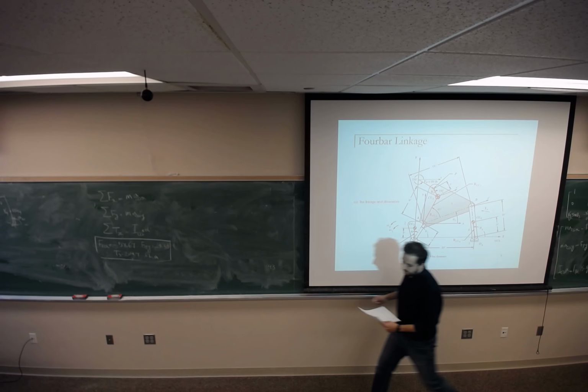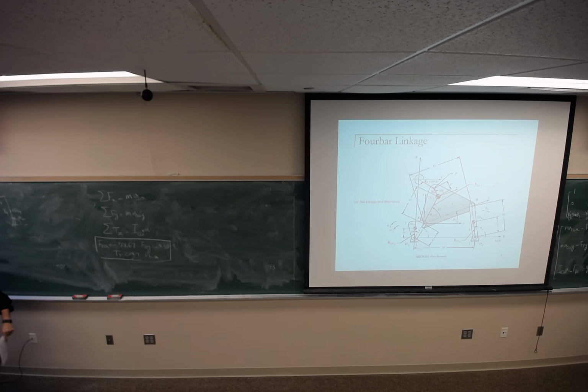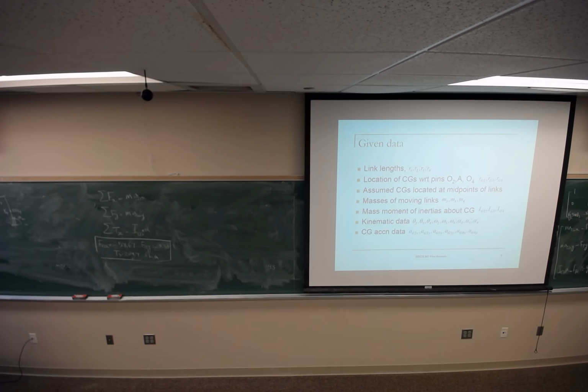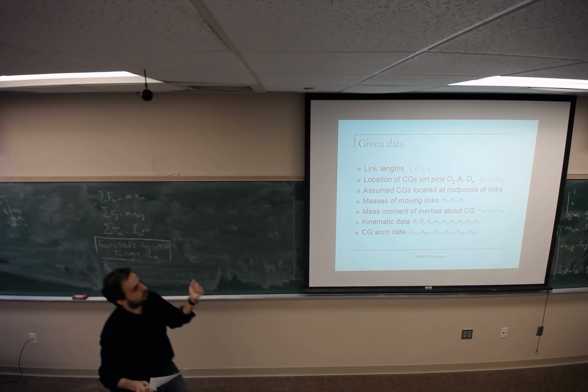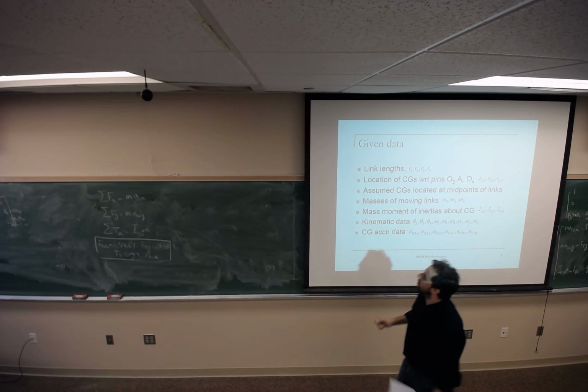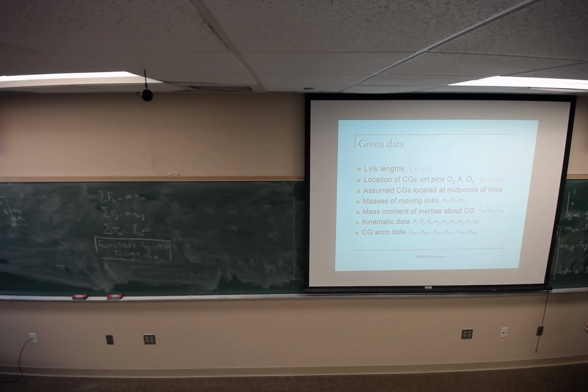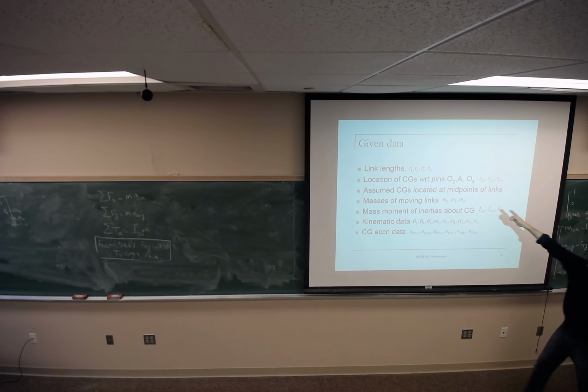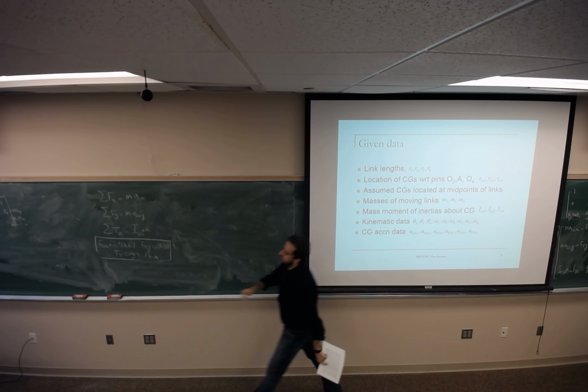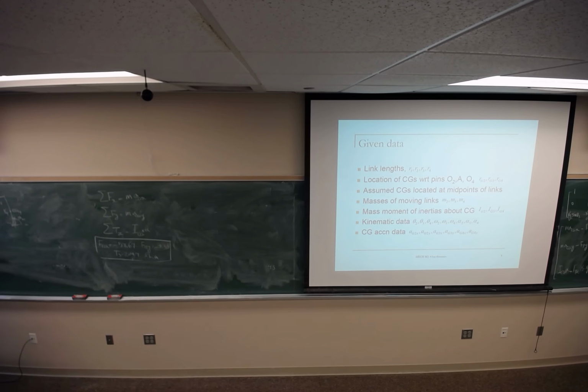So let's see what is given. When you want to do force analysis for a four-bar mechanism, the lengths of the links are given. The locations of the center of gravity with respect to point O2, point A, and point O4 are given, so RG2, RG3, RG4 are given.